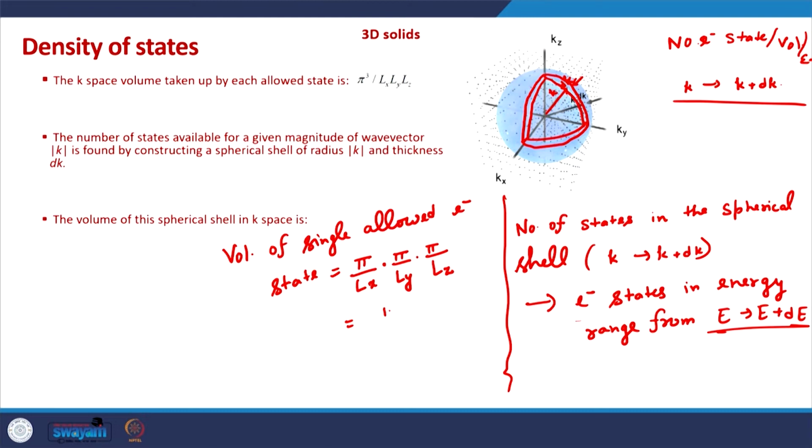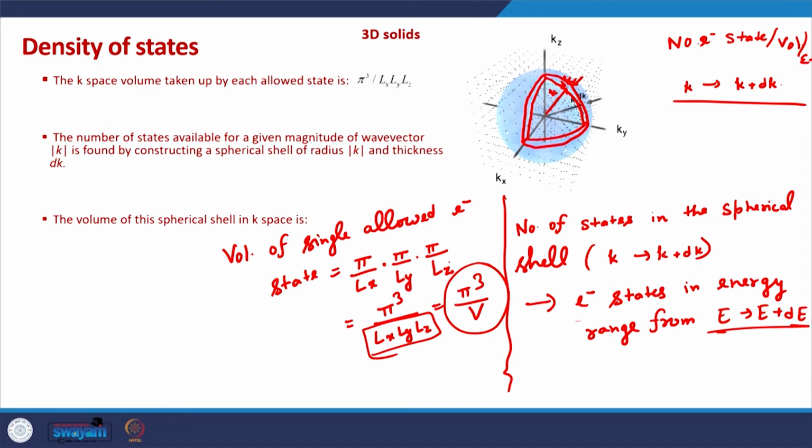So, this will be pi cube by Lx Ly Lz, equals pi cube by V, where V is the volume of the entire solid, which is just a 3D solid essentially. So, this is the volume of a single allowed electronic state in k space.